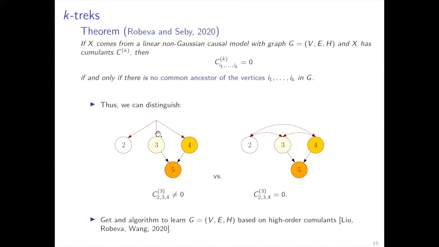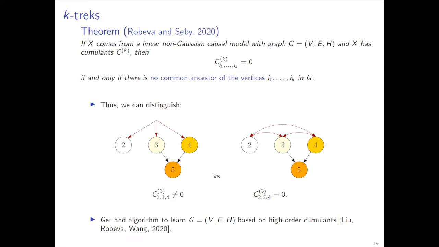This paper also characterizes when hyperdeterminants of the cumulant tensor vanish. There are some interesting combinatorial constraints, and it generalizes a very important result for Gaussians, where you look at determinants of the covariance matrix. Now we look at hyperdeterminants of these tensors. But anyways, I'm happy to talk about this offline.